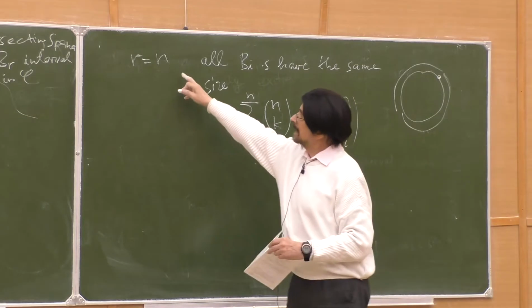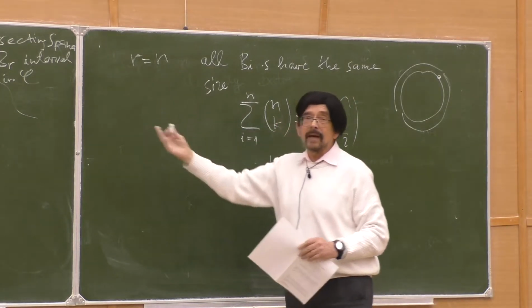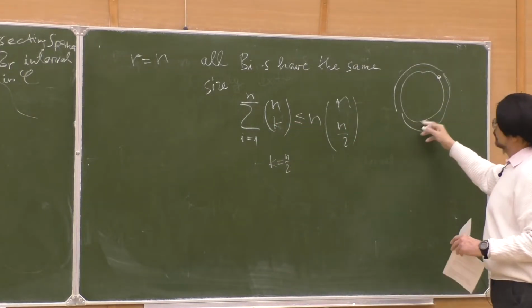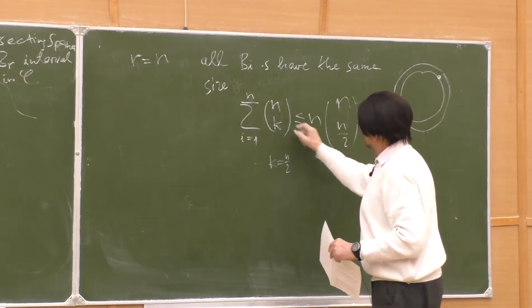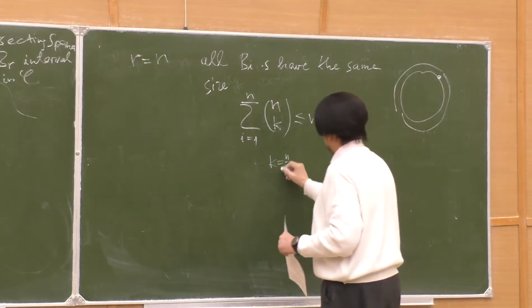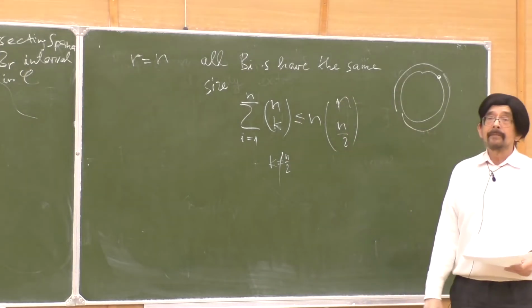We must have a set starting from every point. So we have these two, which are disjoint. So this cannot be. So k cannot be n half.